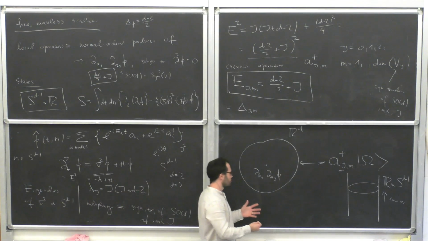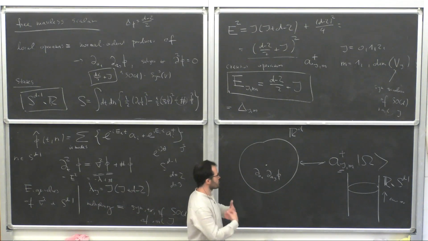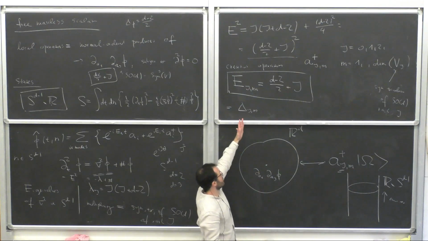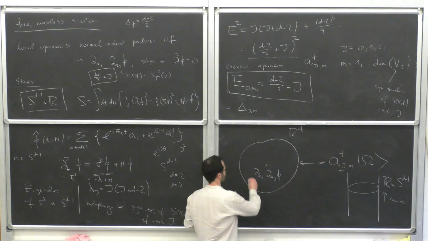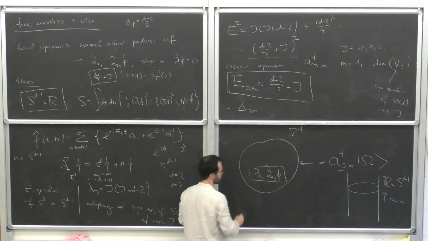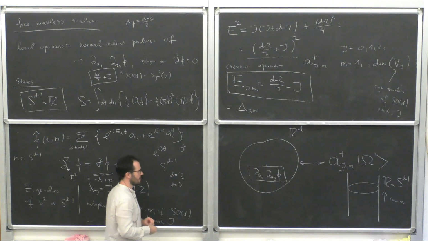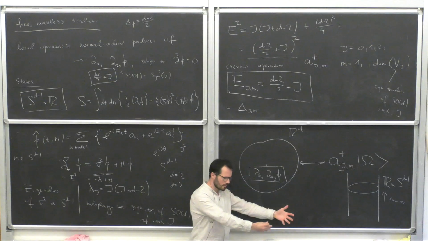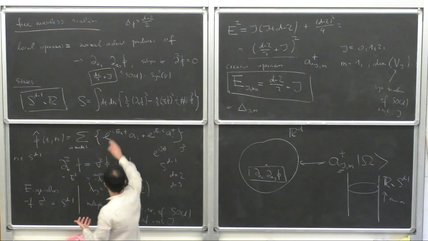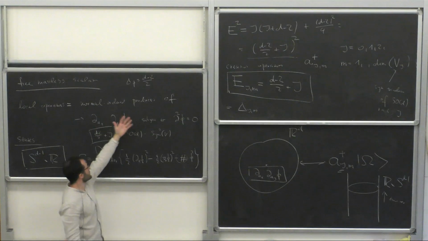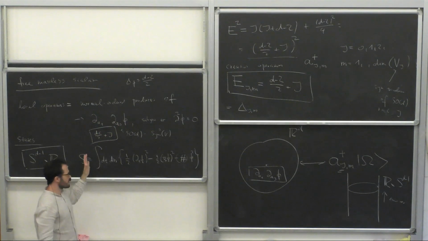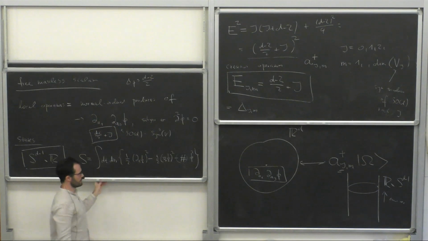Now notice that not only do we reproduce the energies of the single particle states, these are the single particle states, but we also reproduce all of the multi-particle states, because just like we can take normal ordered products of these operators, their scaling dimension is going to be additive.